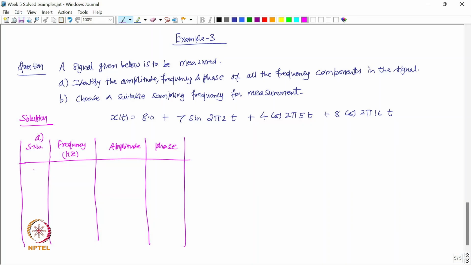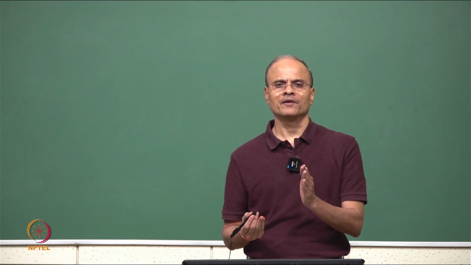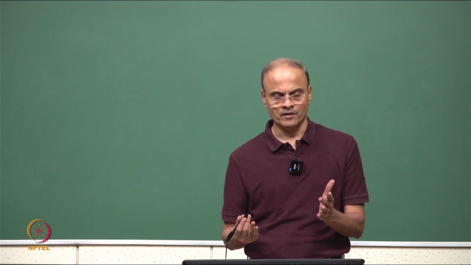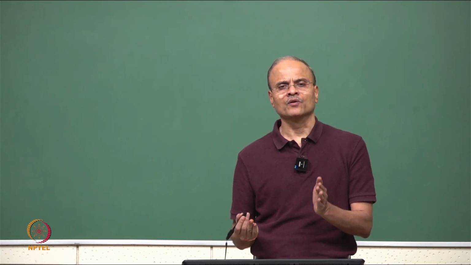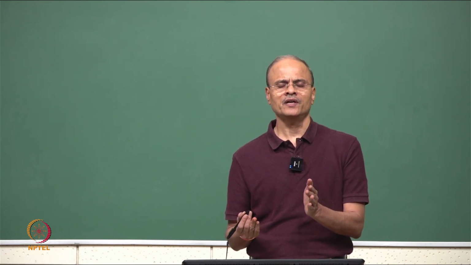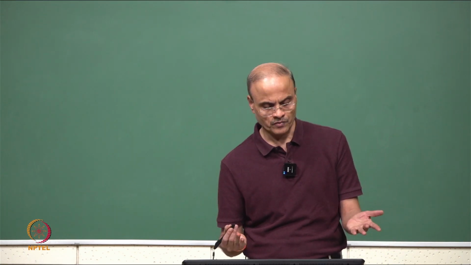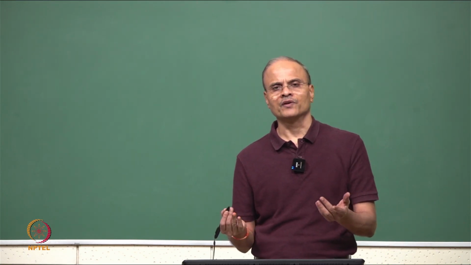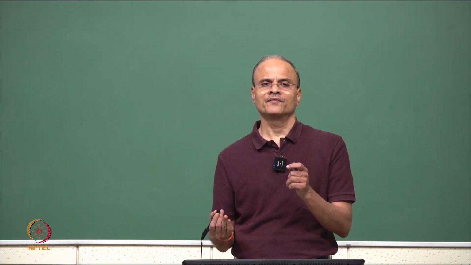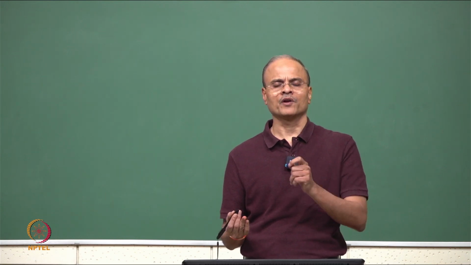So, the first component is, you can see on the right hand side, 8. So, 8 means it does not vary with time, it is a constant component, and that is called the DC component. So, the frequency of this component is 0 because it does not vary at all, right. Therefore, you can roughly say that a frequency of 0 means its time period is infinity, because time period is 1 upon f, right.